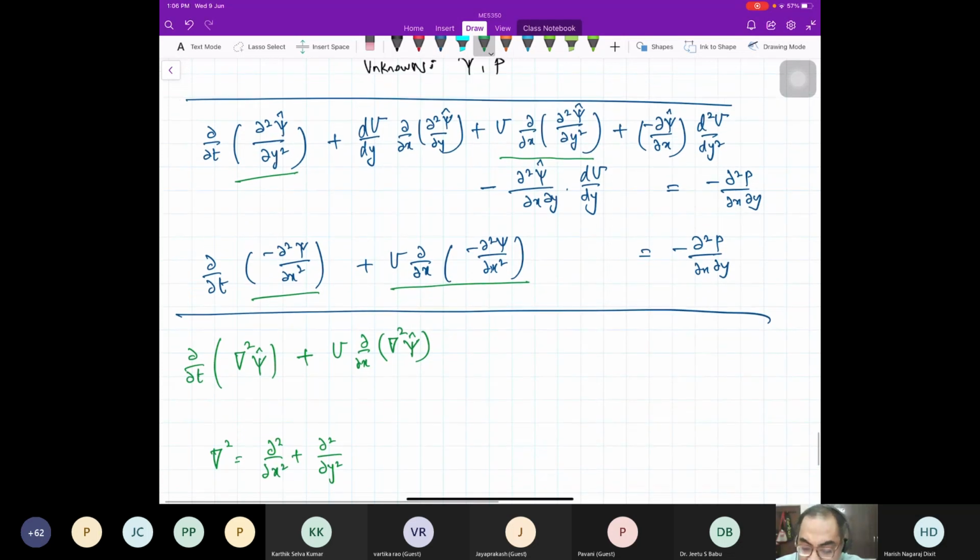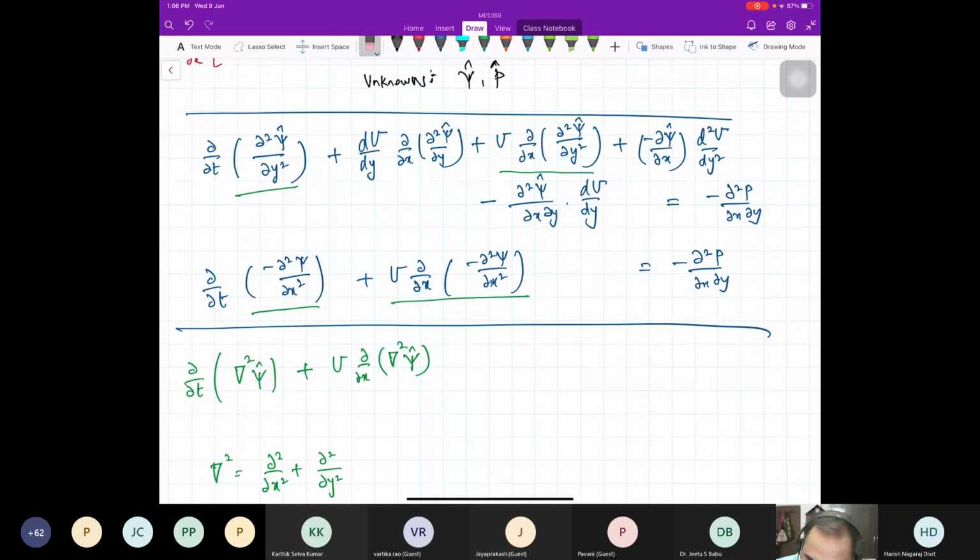Also note, if I subtract one from the other, I have the del square psi by del x del y. Okay. I have one more term which is plus 2 times d capital U by dy del square psi by del x del y.